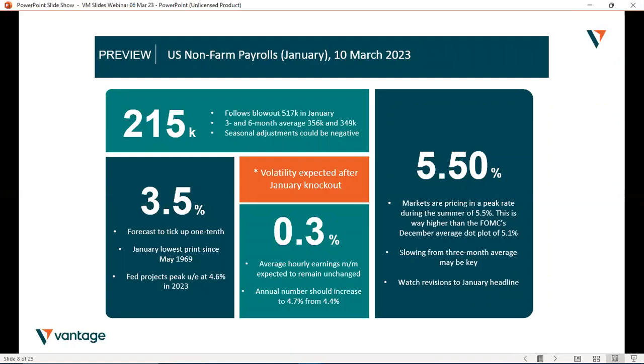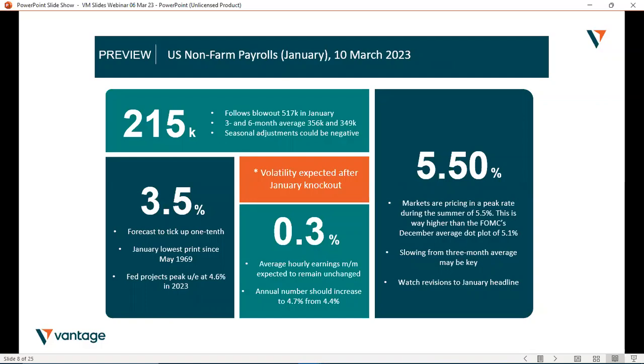You can see there in February, that's nearly triple the forecast, the 570,000 blowout report in January. If consensus is realized, then it would be lower than the pace of the previous 3-month, 6-month, and 12-month averages, actually 356, 349 and 414 for the 12-month average respectively.